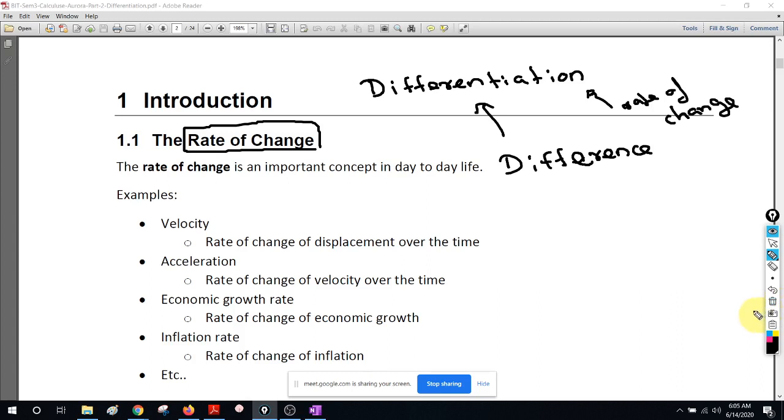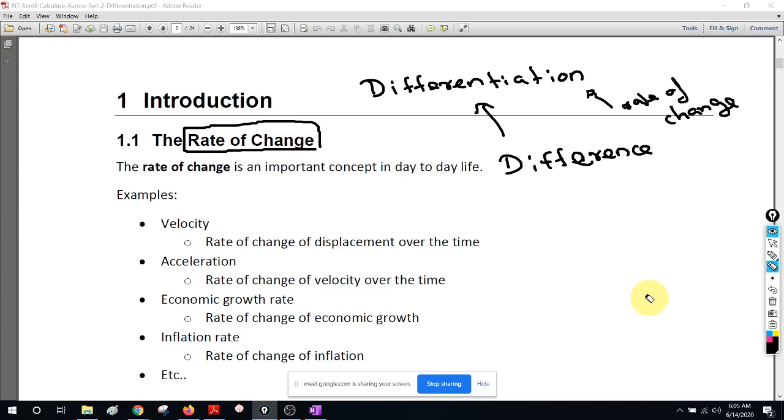Of course speed is a scalar, velocity is a vector, if you consider the direction as well. So what is meant by velocity? Velocity means the rate of change of distance.